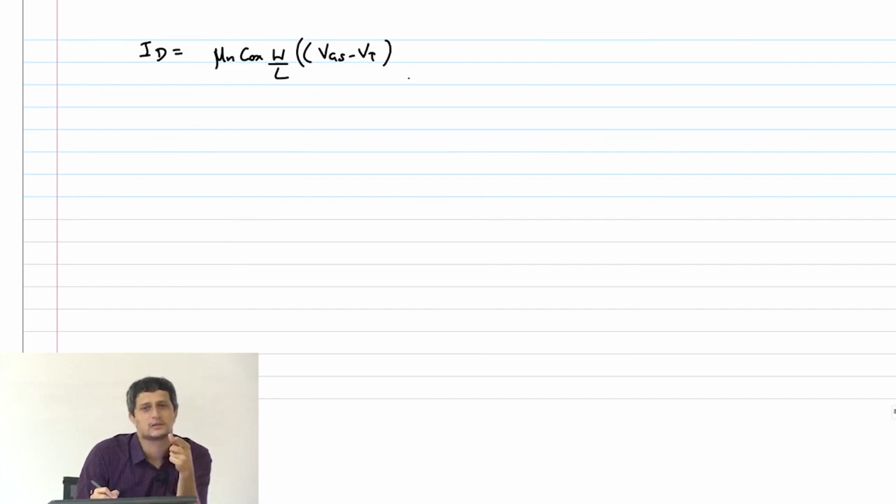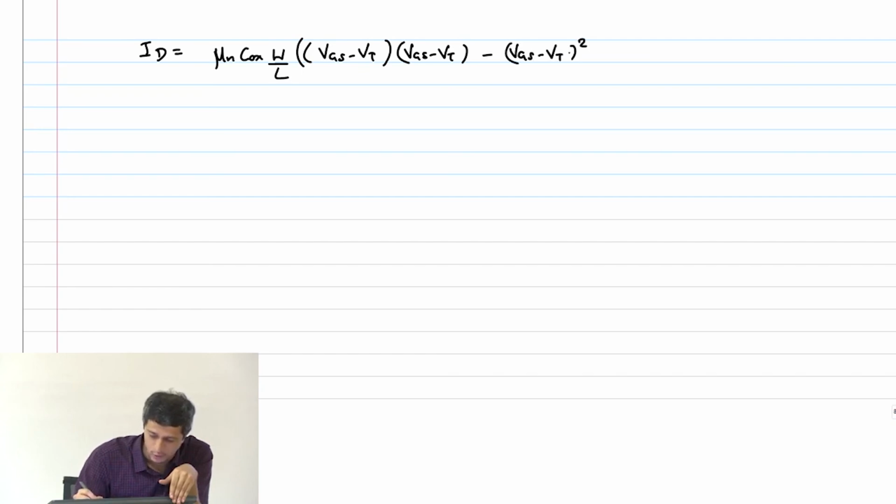And therefore the ID will simply become mu n Cox W by L into VGS minus VT, VDS, the maximum value of which is VGS minus VT, minus VDS squared by 2.